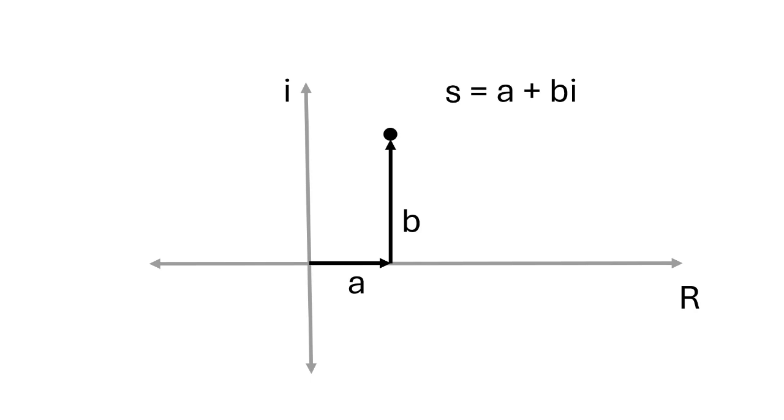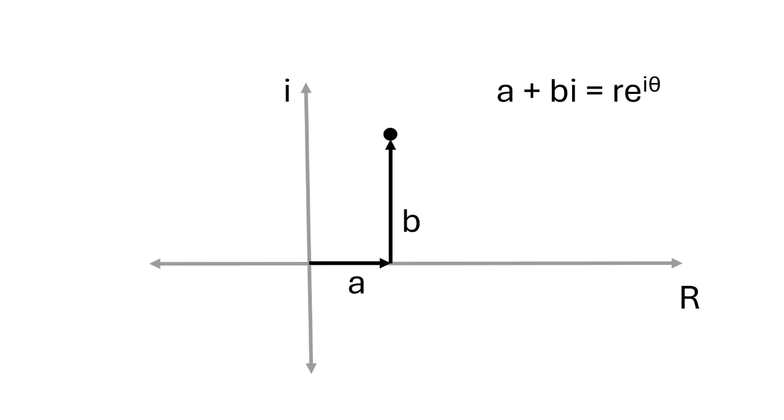The horizontal axis is the real part a, the vertical axis is the imaginary part b, and one of the just enduringly beautiful facts about the complex numbers is that instead of using a and b to represent them, you can also write the same complex number using two real numbers in a different way, like this.